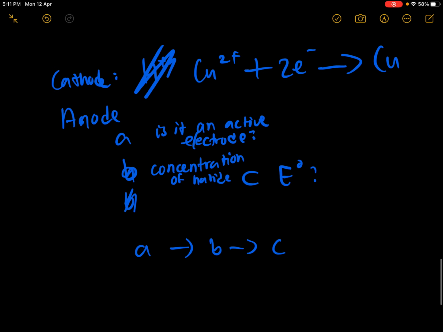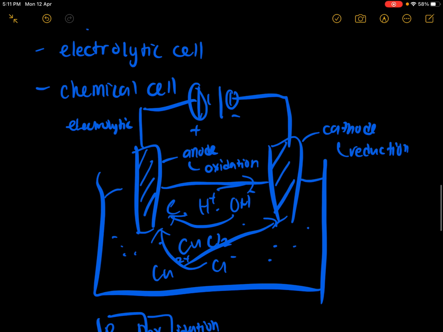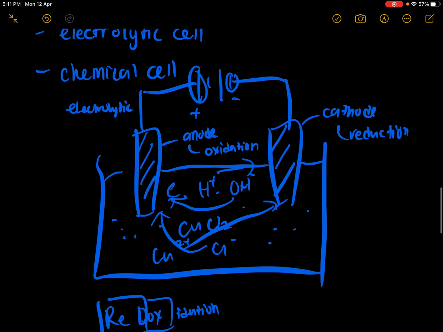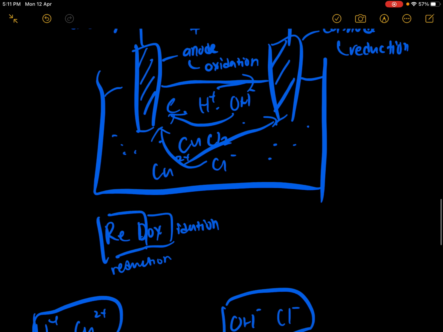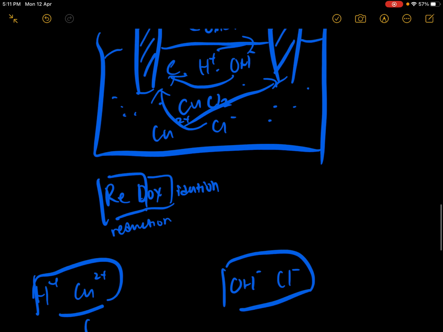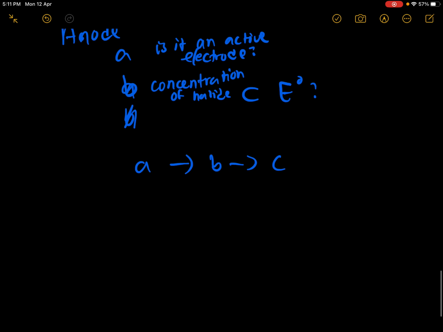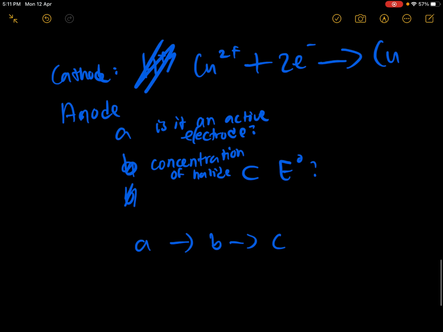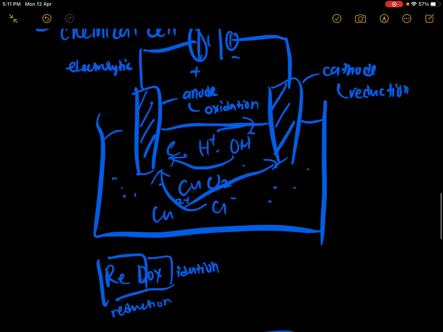So anode, is it an active electrode? I mentioned just now that we're talking about carbon electrodes here. Since we're talking about carbon electrodes, this is fine. That means it's still OH minus or H plus or Cl minus. But let's say for example this is a copper electrode, because copper electrode is the most common one. If it is a copper electrode, what will happen here?